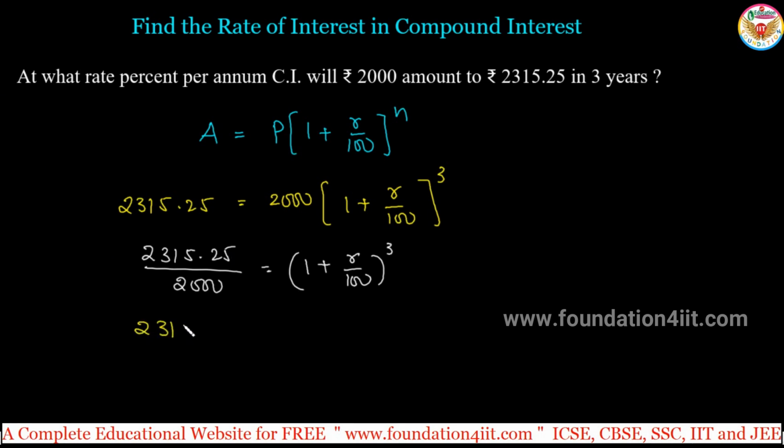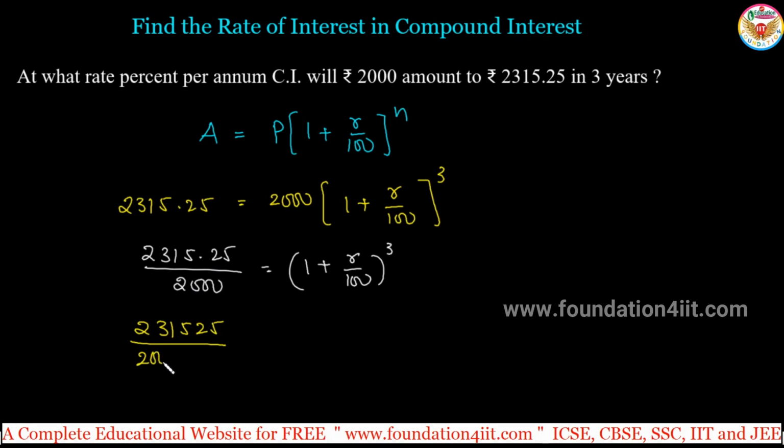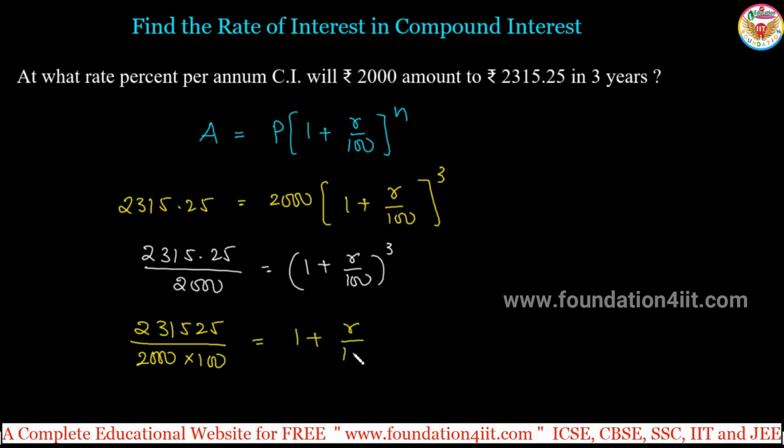Then 231525, if I remove this point, multiply 100 divided by 100. So 2000 into 100. If we remove this point, we should divide by 100. And this right side is the same, 1 plus r by 100 all to the power 3.